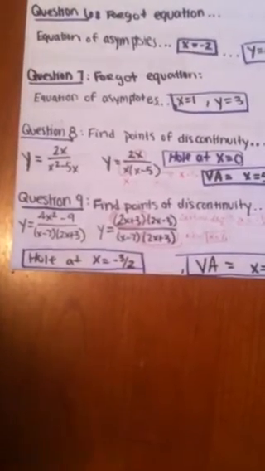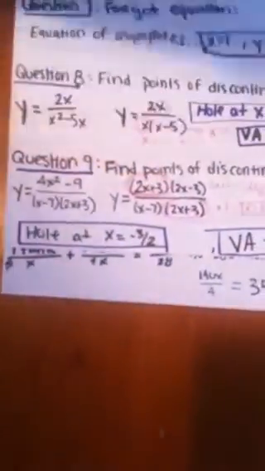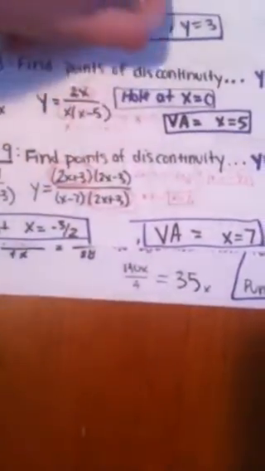I didn't realize that you could factor the top portion, 4x squared minus 9, but you can, to 2x plus 3 and 2x minus 3, and then that's over x minus 7 times 2x plus 3.